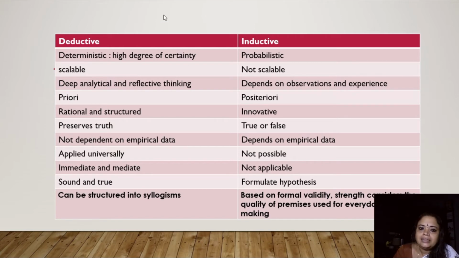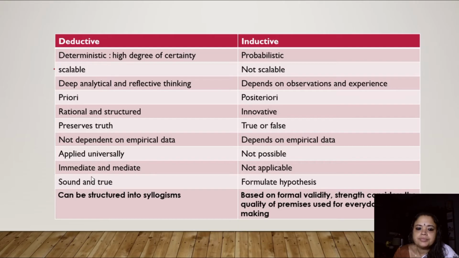So these are the statements, or we can say these are the probabilities of statements with regard to inductive and deductive arguments. So we need to know what is deterministic, what is probabilistic, what is a priori, what is a posteriori. Deductive means it preserves the truth, whereas in inductive the truth or validity of the statements depends on the strength of the premises.